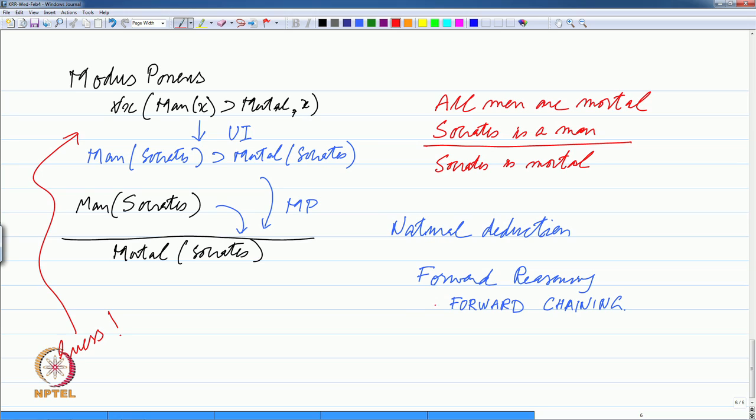So, what we will do is look at a variation of this rule, which is used in forward chaining, and which is to use implicit quantifier form, which will also address this problem of guessing essentially.